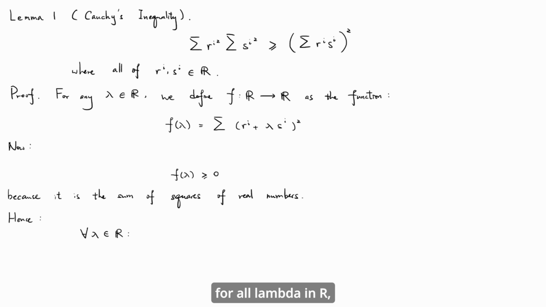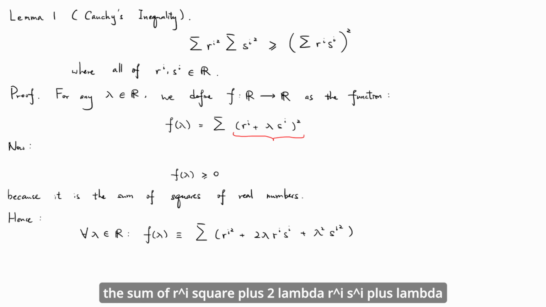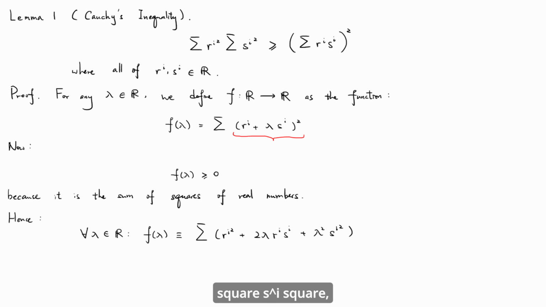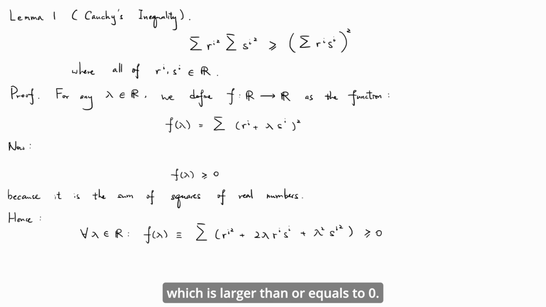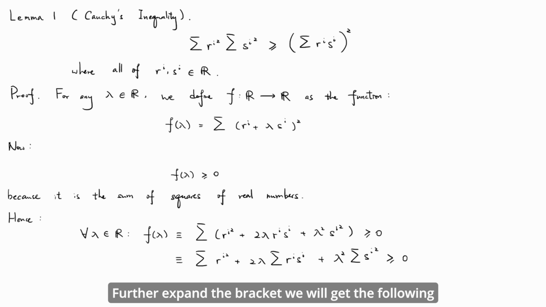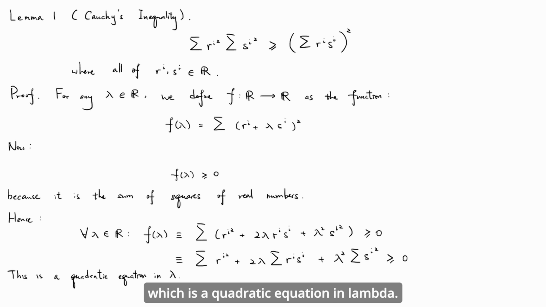Hence, for all λ in R, f(λ), expanding the square, is the sum of rᵢ² plus 2λrᵢsᵢ plus λ²sᵢ², which is larger than or equal to 0. Further expanding the brackets, we get the following expression, which is a quadratic in λ.